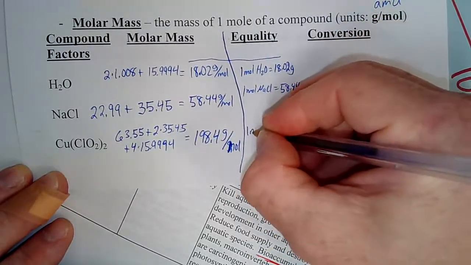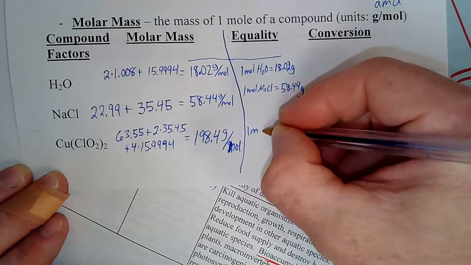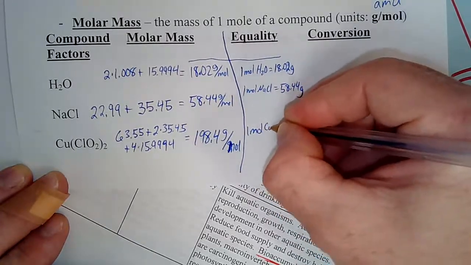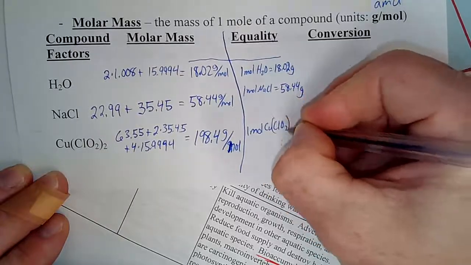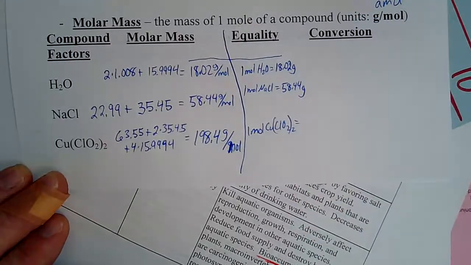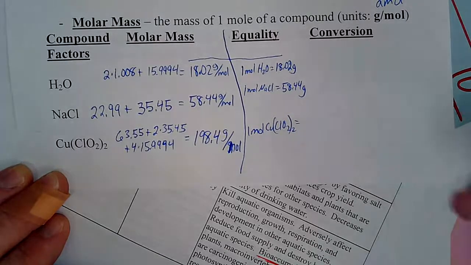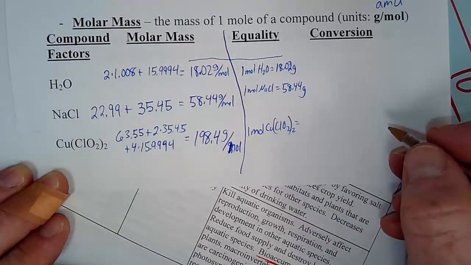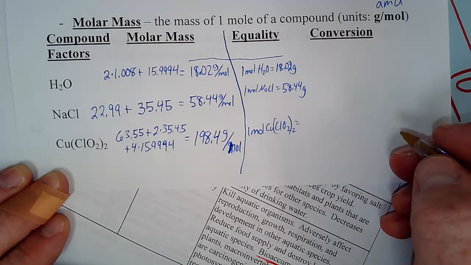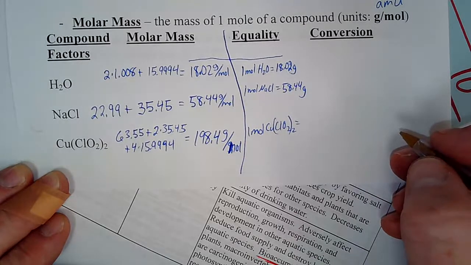And 1 mole of copper 2 chloride equals 198 point. Are y'all just not saying it because you know, or are you not saying it because you have no clue? Or are we just bored out of our minds? Where are we at? I'm trying to catch up. Damien's bored out of his mind.